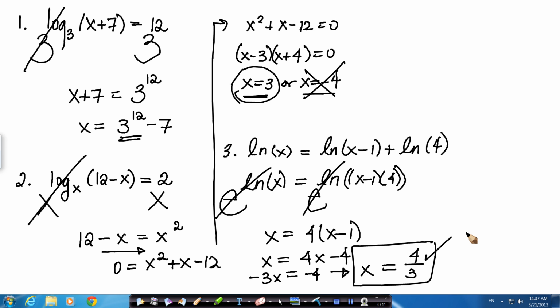Okay. Let's do one more kind of complicated log, and then I'm going to introduce you to the idea of quadratic in form.